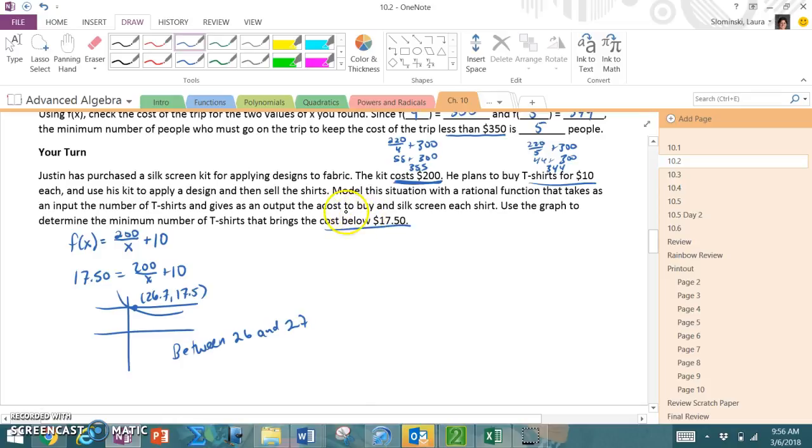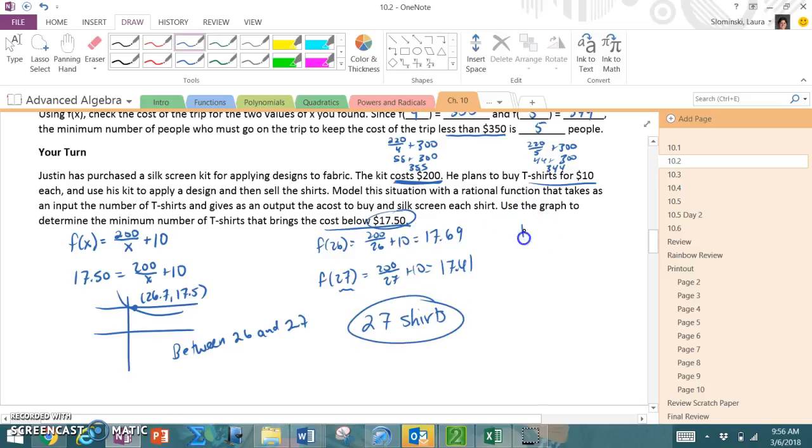If we do our check, I would do f of 26, 200 divided by 26 plus 10. I got $17.69 per shirt. And if I do 27 shirts, I do 200 divided by 27 plus 10, and I get $17.41 per shirt. So as we can see, to keep the cost below $17.50, I would need 27 shirts.